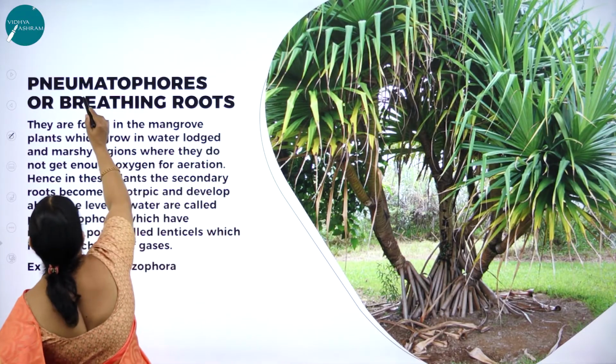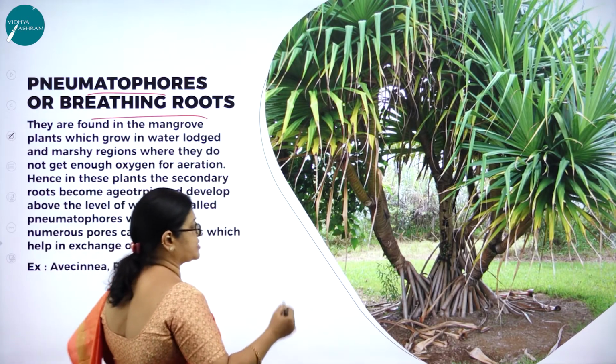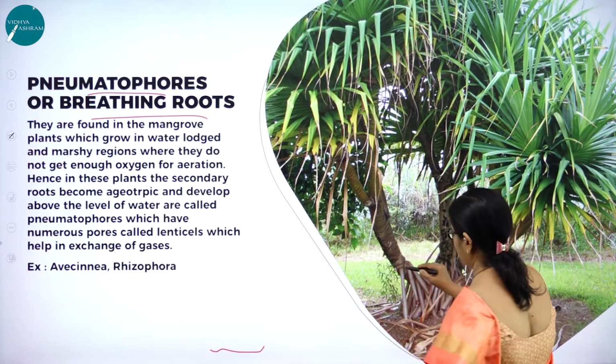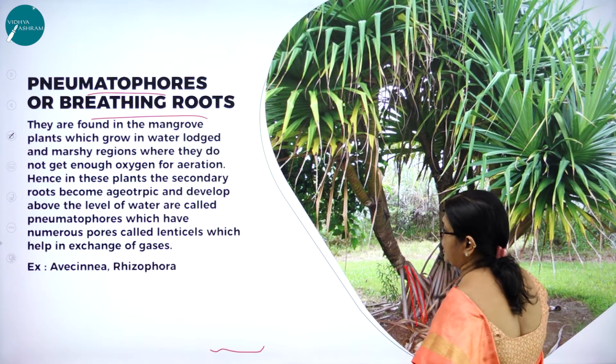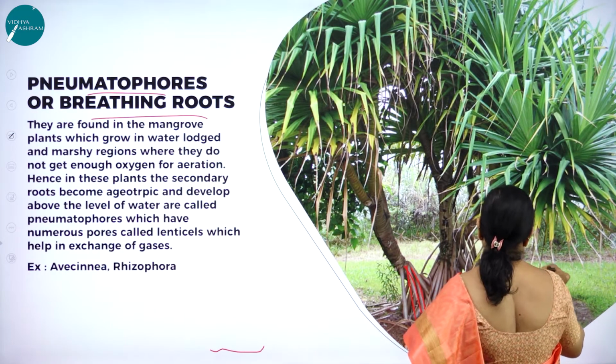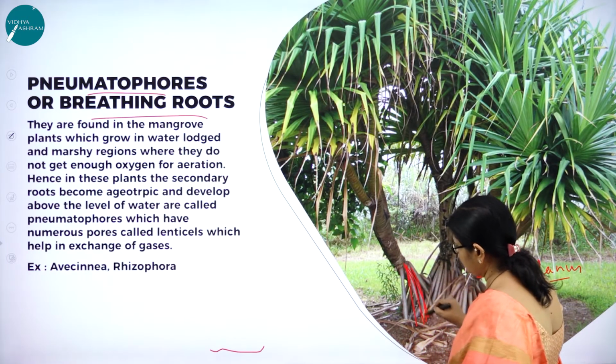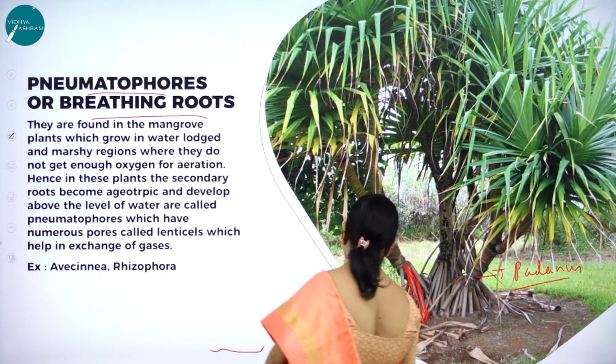Moving across, the pneumatophores or breathing roots. Already I explained about the breathing roots. So here you can see even the stilt roots like this, Pandanus. Here you can see the stilt roots. You can see the roots obliquely grown here.